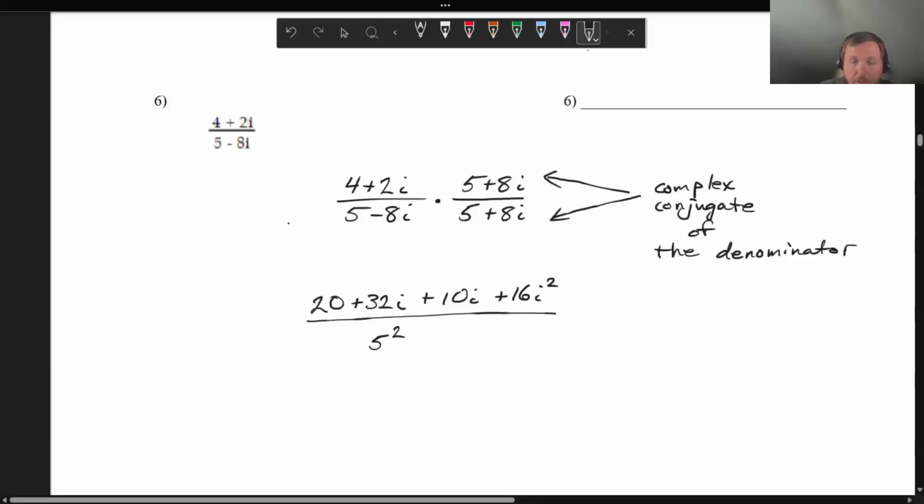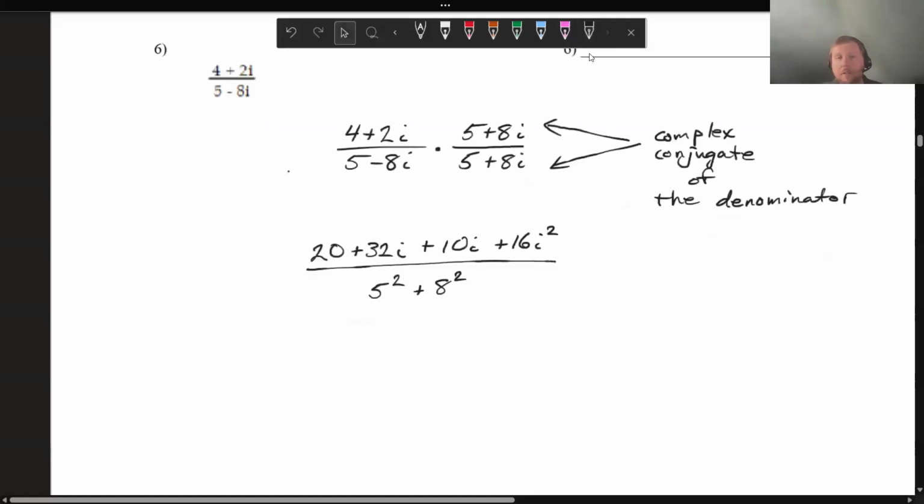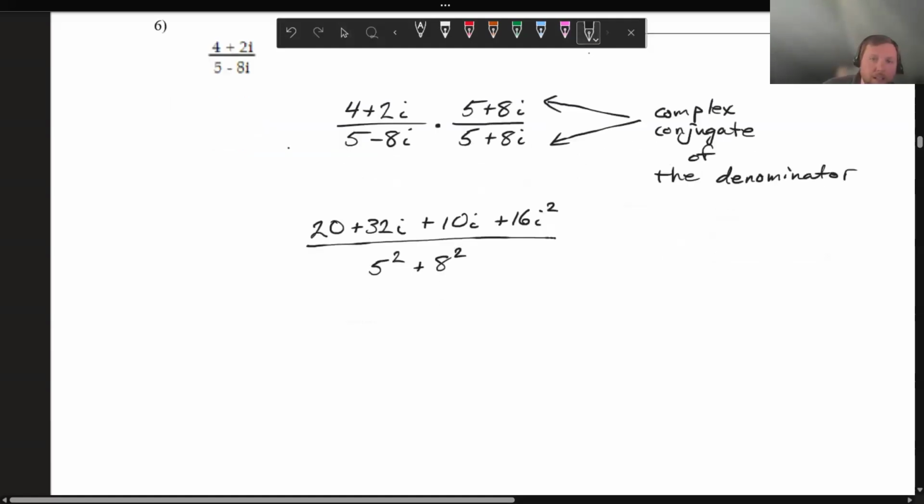So I'm going to have 5 squared plus 8 squared. Now, if you multiply that out the long way, you'll also end up at the same answer that I will get for the denominator. So no worries. So that's one trick you can get away with without knowing.